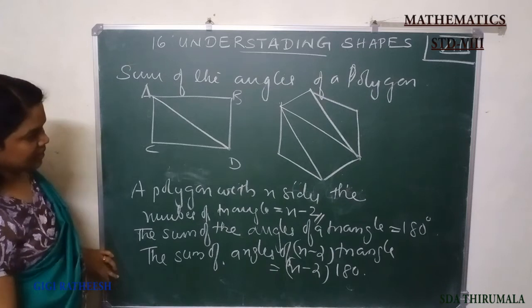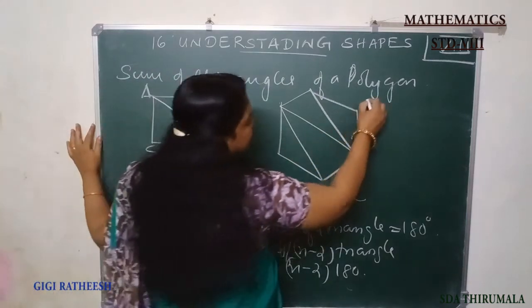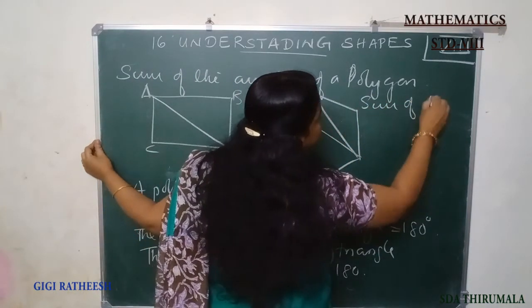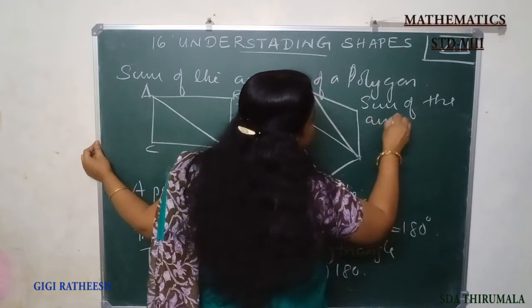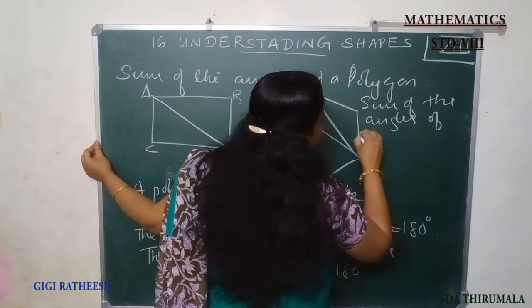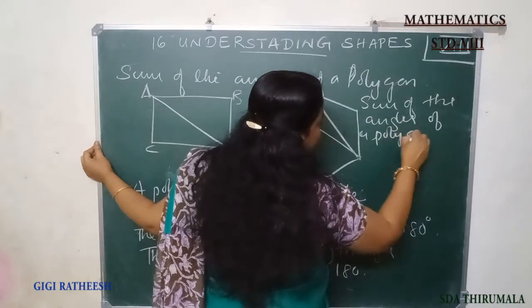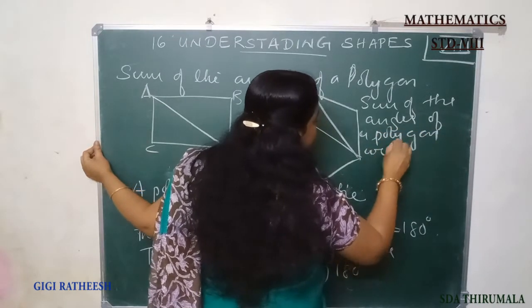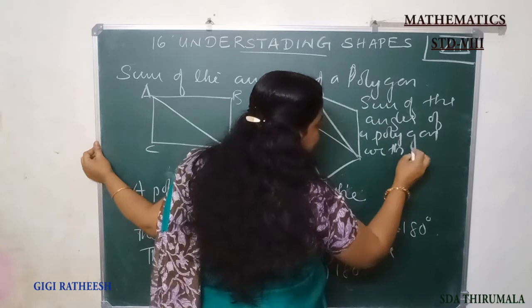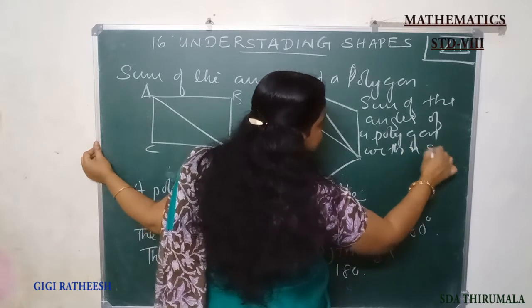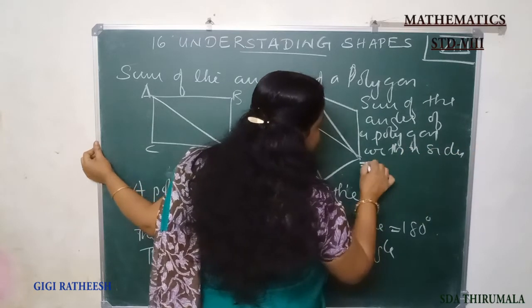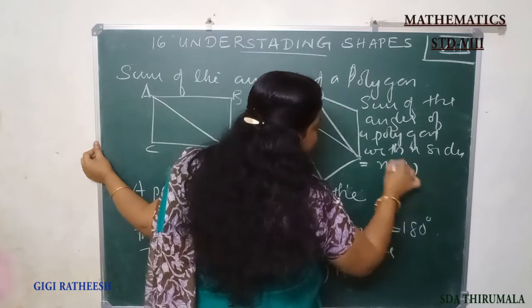Write it here: the sum of the angles of a polygon with n sides is equal to n minus 2 into 180 degrees.